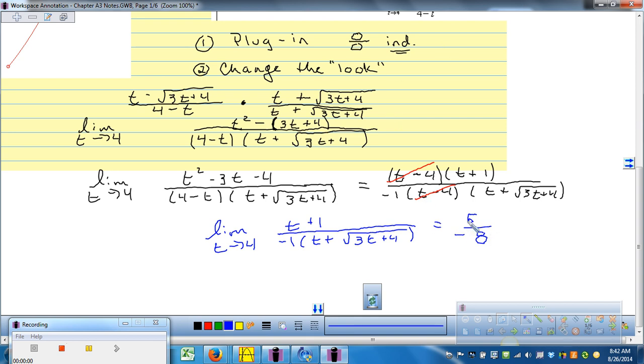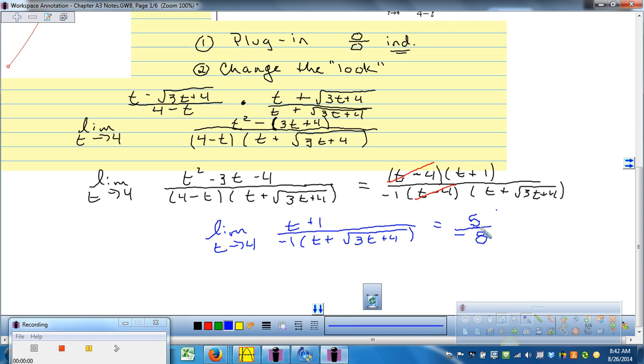All right, well, what would have happened, sorry, cleaning that up a little bit. What would have happened if I still got a 0 over 0? We've changed the look, and it still comes out to be this indeterminate form. Well, what we need to remember, another thing you'll hear often in this class, is there are different ways that we can attack problems.